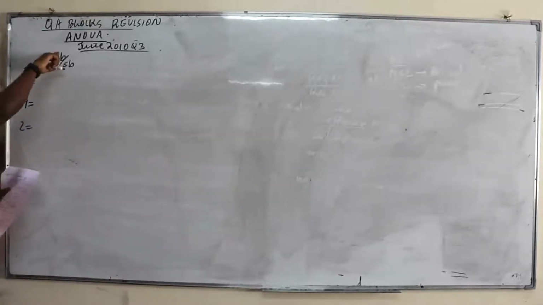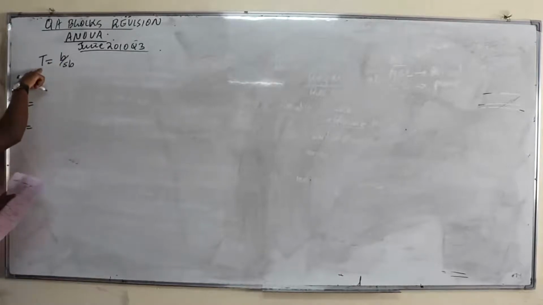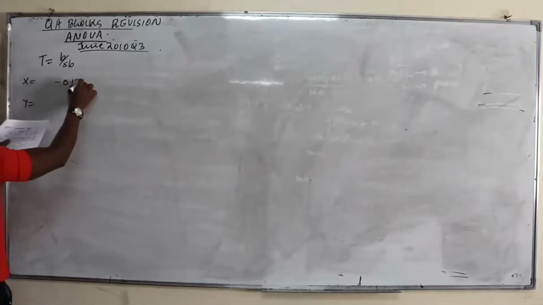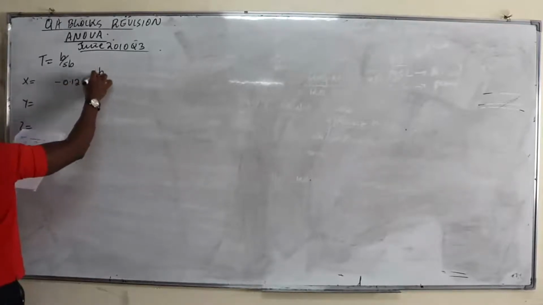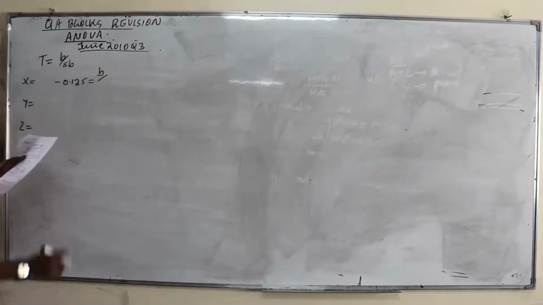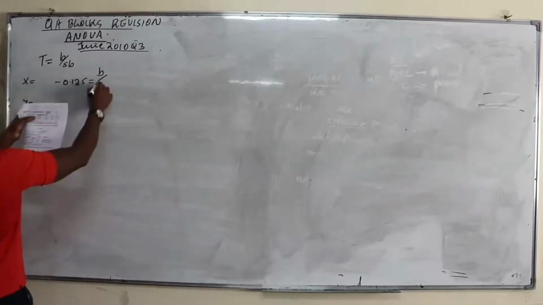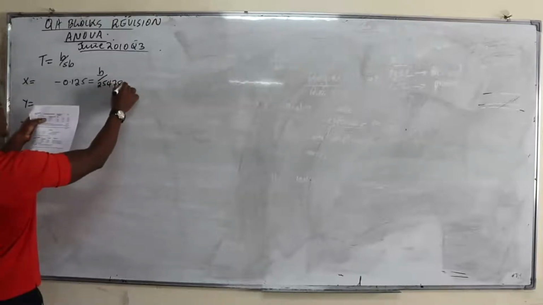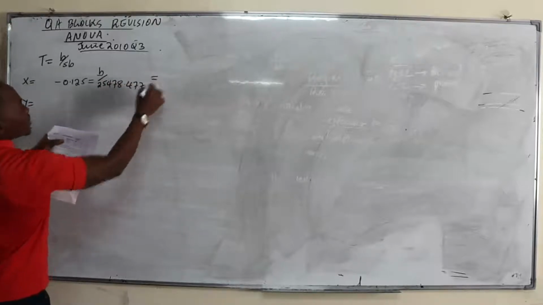Are you together? That means you're already given T. Give me T. Negative 0.125 is equal to B divided by SB. Are we given the SB? Yes, SB is 25,478.47. Can you get B?